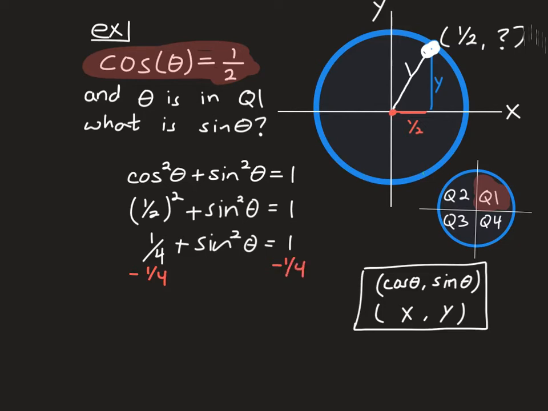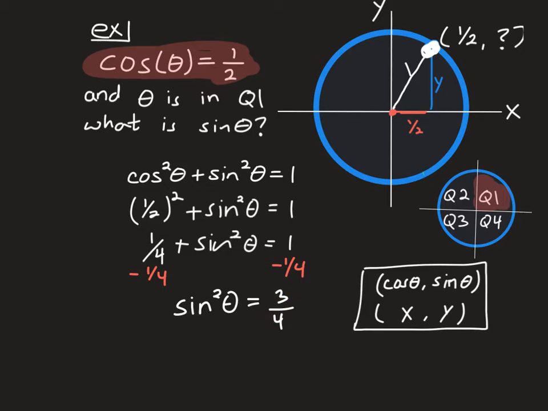So now I have sine squared theta is equal to 1 minus 1/4, which would be 3 over 4. Or you might think of that 1 as 4 over 4, minus 1 over 4 would leave me with 3 over 4.